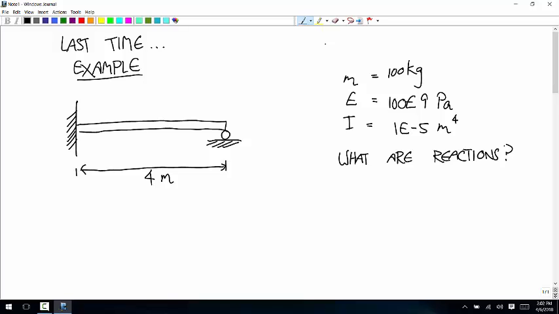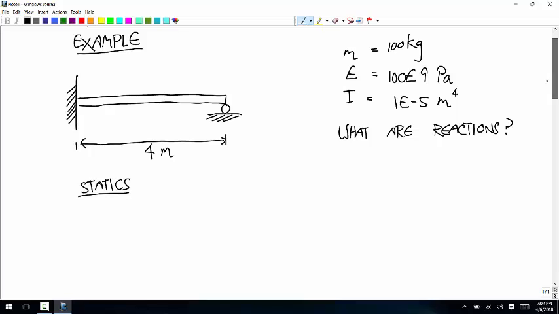And so we did the statics, and from the statics we went into it hopeful, maybe we just do the statics and then we have the external loads, but it didn't work out that way.